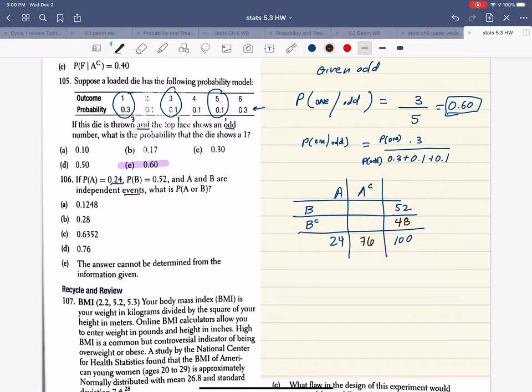So that means that the probability of A is equal to the probability of A given B, given that B happened. So they're asking, what is the probability of A or B? So if we added these up, right? So that would have to be A or B. I could add 24 to 52, but I have to be careful with my overlap, right?